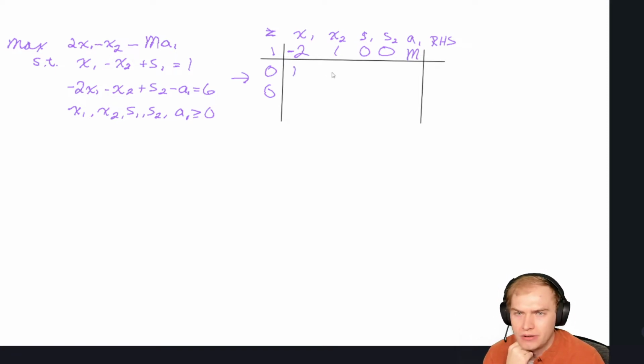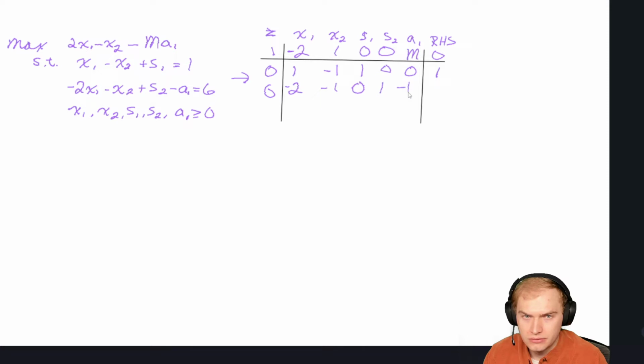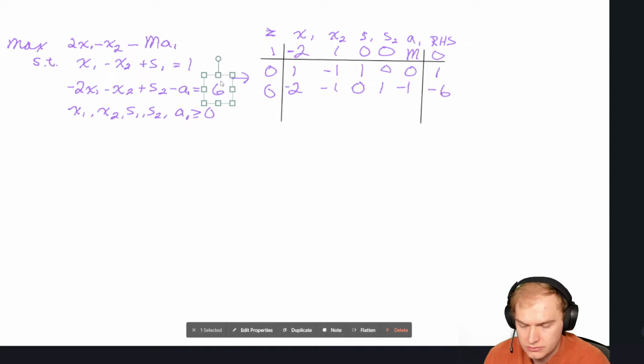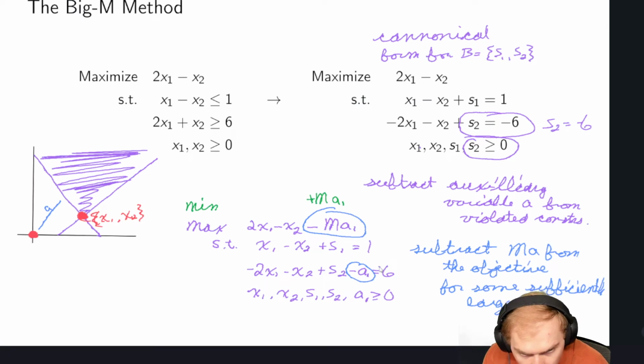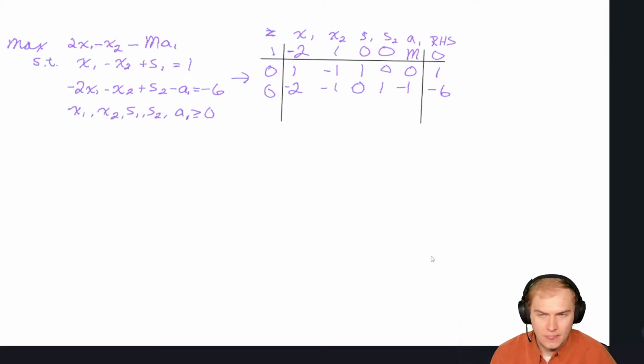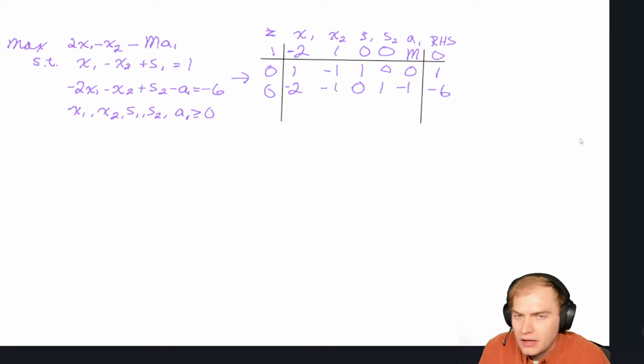We'll continue. 1, -1, 1, 0, 0. 2, -1, 0, 1, -1. And this is still a -6. I missed that up here. It's a -6. And that's what a tableau looks like.